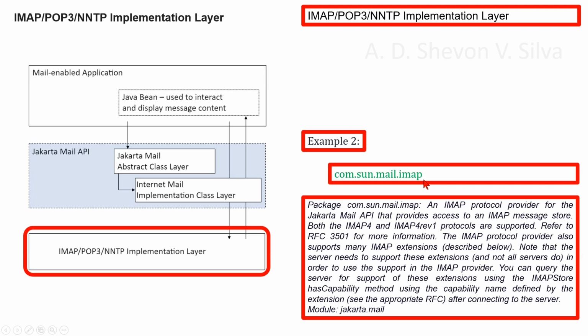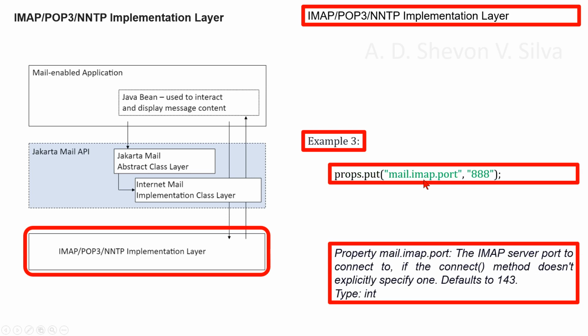In order to support the IMAP provider, you can query the server for support of these extensions using the IMAP store hasCapability method, using the capability name defined by the extension. See the appropriate RFC after connecting to the server. This package is in the module jakarta.mail.